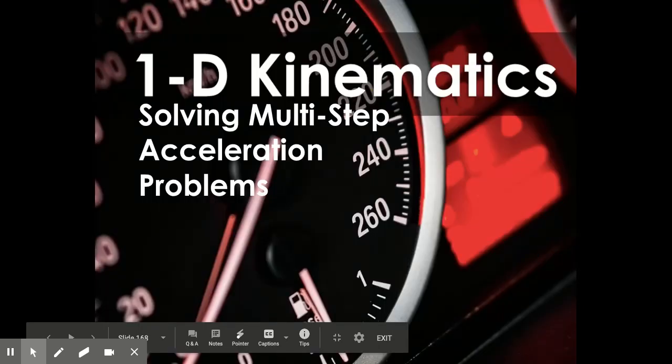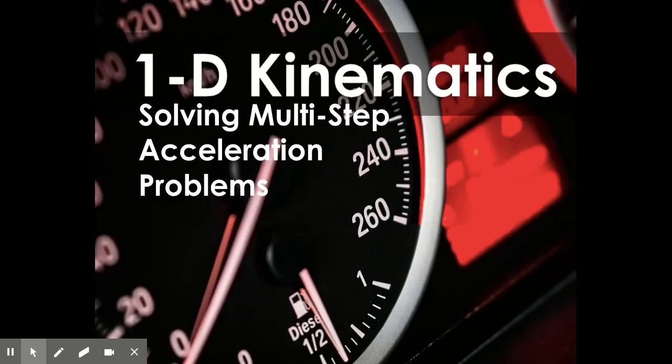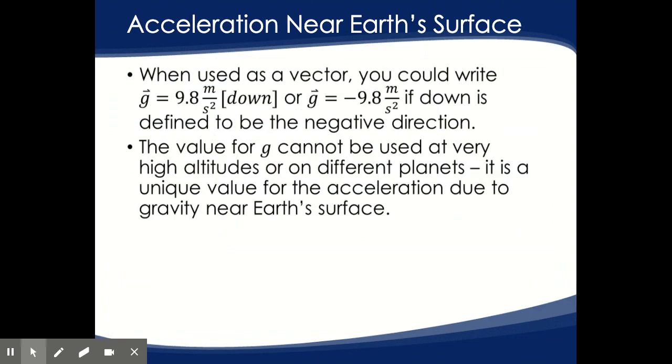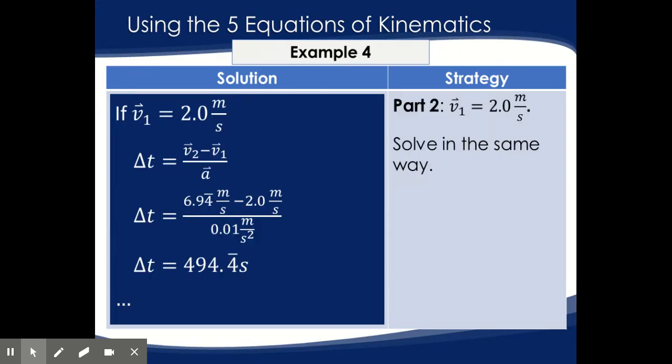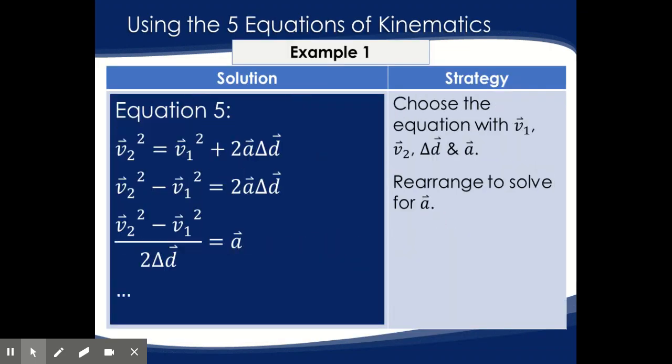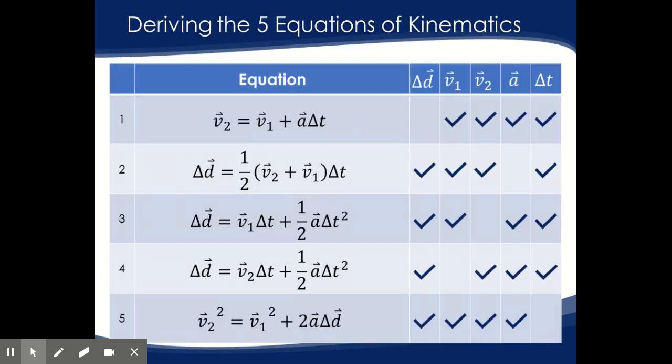And that's it. So please refer back to the page. Go back here with your 5 equations of kinematics that we talked about last class. You're basically using these same equations and substituting the acceleration value for gravity.